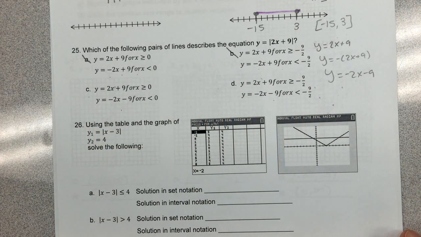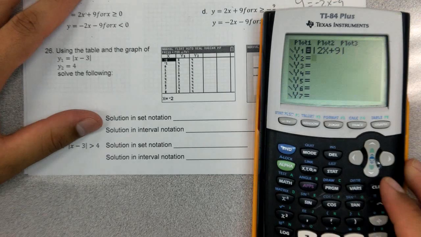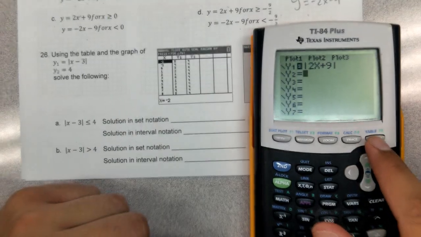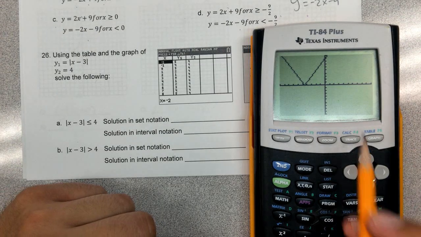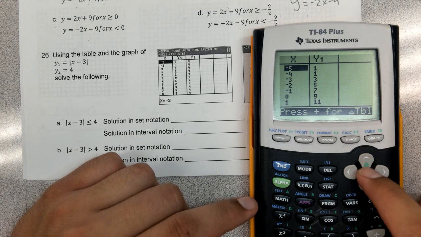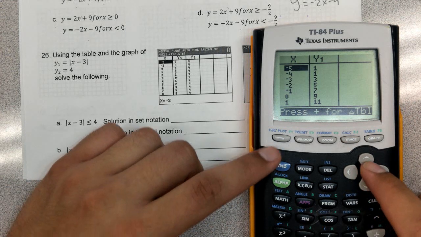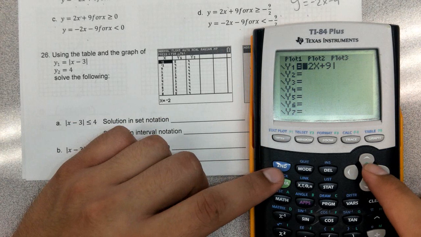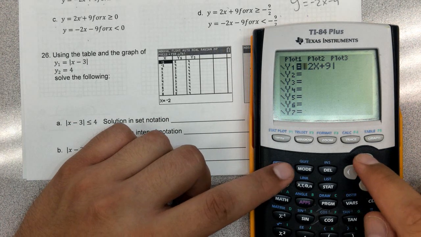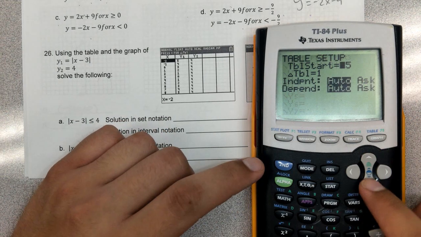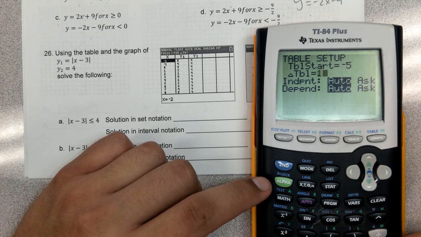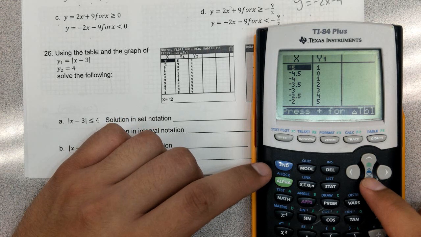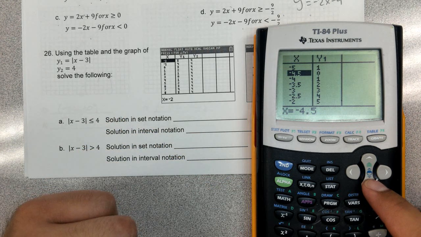But now let's look at the graph of the absolute value of 2x plus 9. So it looks like this. It has a vertex at, let's see, so the vertex should be at, alright, so the vertex is at negative 4.5.